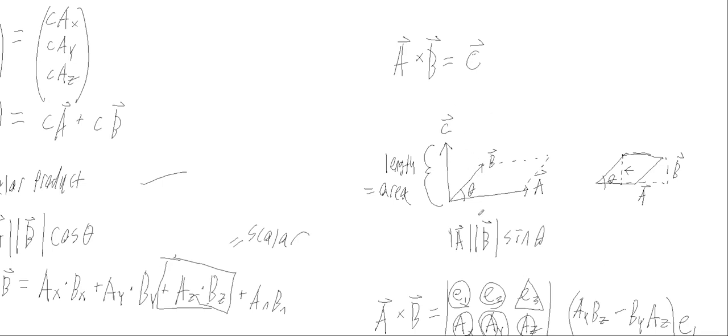And if you switch the order of this, if you instead did B cross A, then this C would actually be pointed in the other direction. And so that would be minus C. So this up here would actually be pointing down in that direction there.